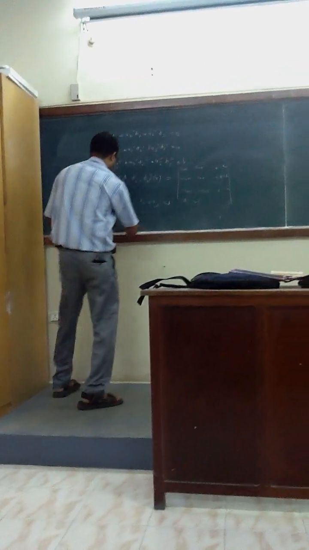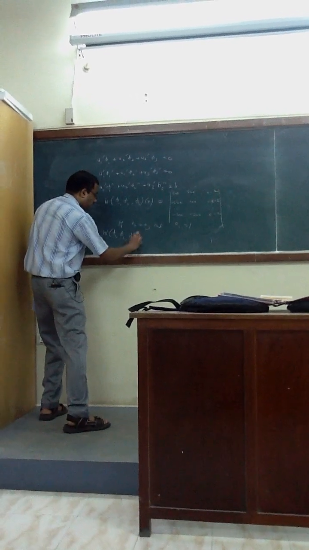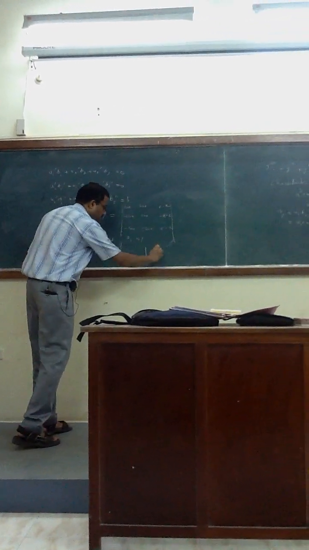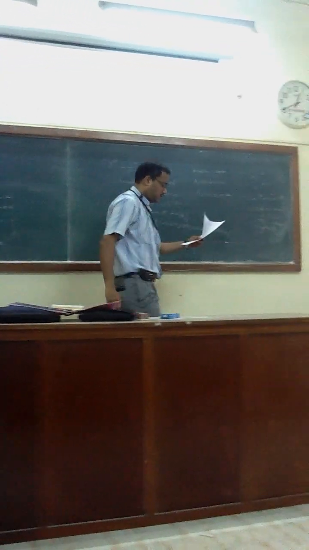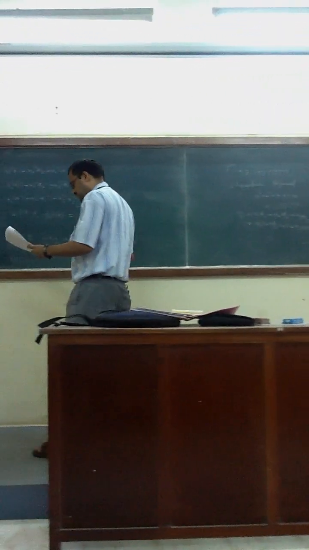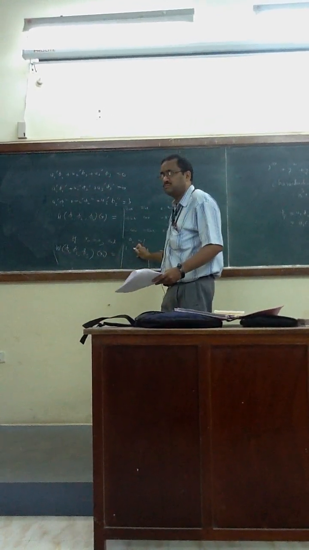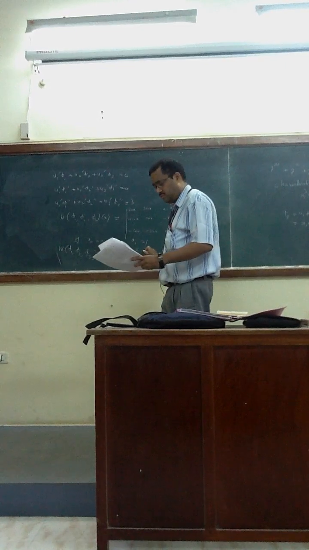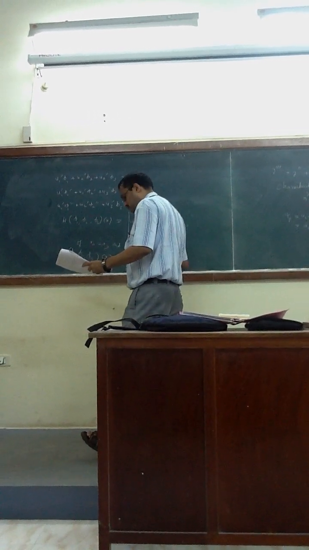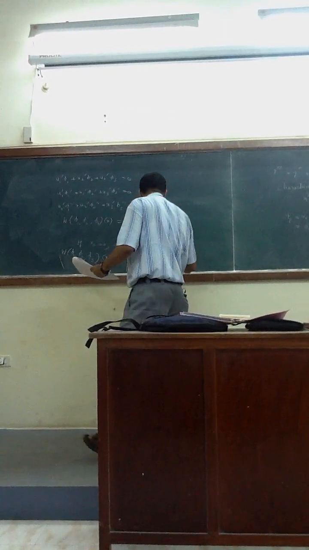So what is my Wronskian? Phi 1, phi 2, phi 3 at x0 equals, what is that? 1, 0, 1, then 0, 1, minus 1, minus 1, 0, 1, which equals 2, right?